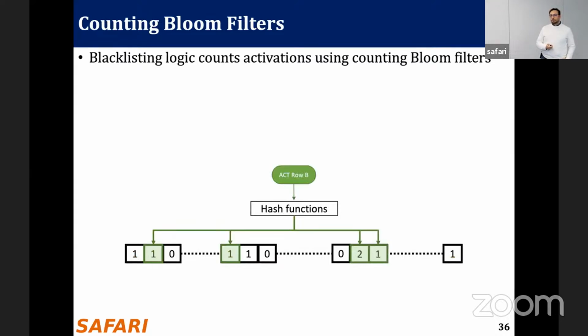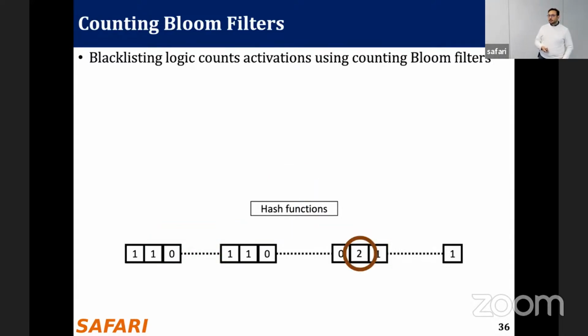Then when we activate another row B, we again provide row B's address to these hash functions, and it also points to another set of activation counters, and it increments those. As you can see here, some counters can be shared across different rows.